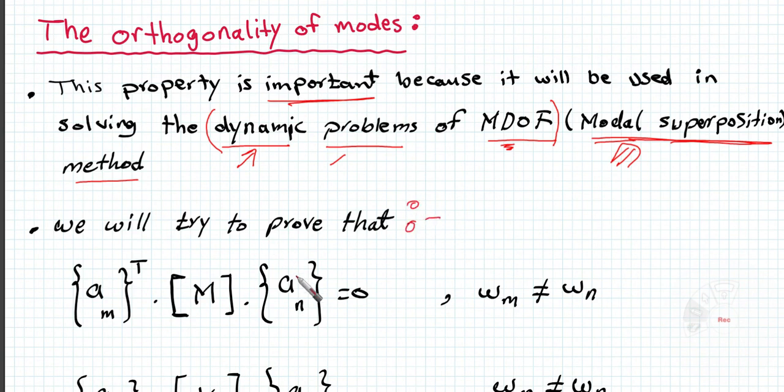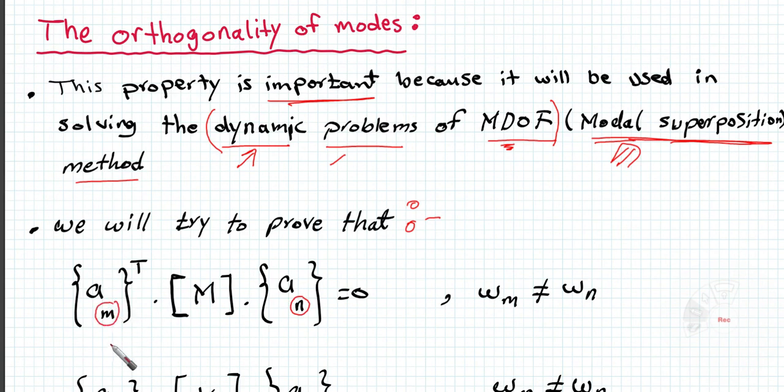The following, which is for any mode shape, AM transpose, and this is a vector, times the mass matrix, which is a diagonal matrix, because we are talking about masses, times the mode shape, but this mode shape is different than this one. So this is what we call AN here, and this is AM.